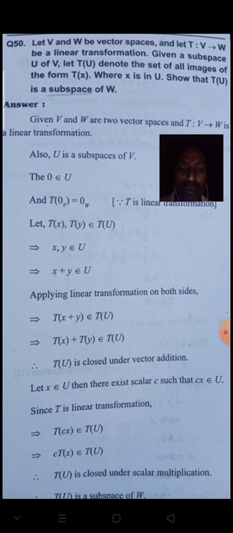Therefore, T of U is a subspace of W. Okay, this theorem is over. Next, another theorem discussion.